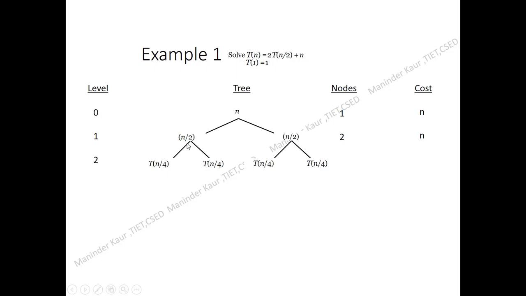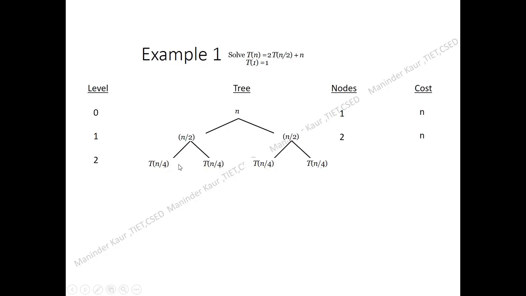T(n/2) is represented by n/2 cost and T(n/4) further, and similarly T(n/2) on this side. How many nodes are there at level 1? There are 2 nodes. And what is the cost at this level? It is the sum of n/2 plus n/2, which sums up to n.